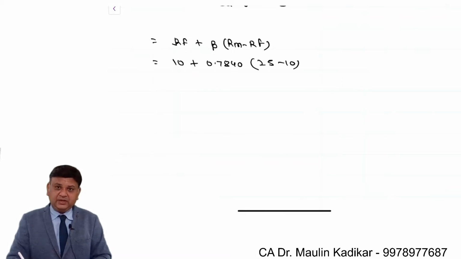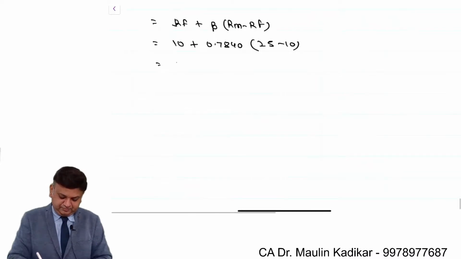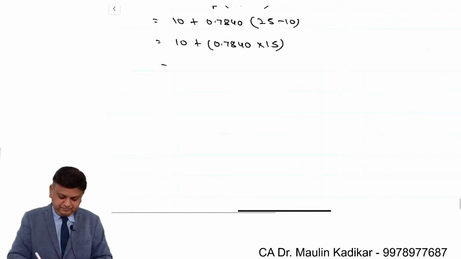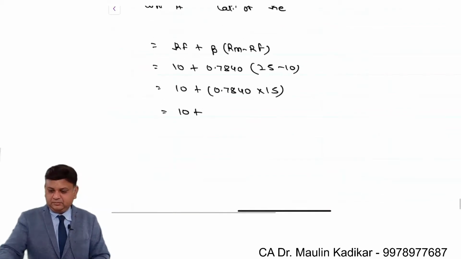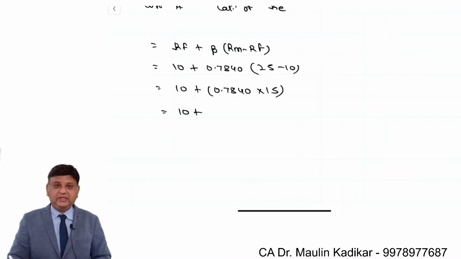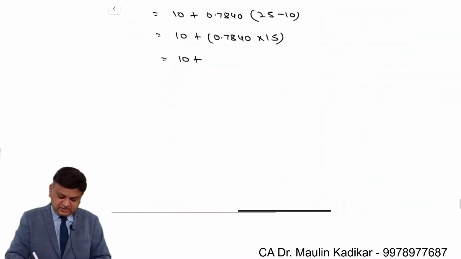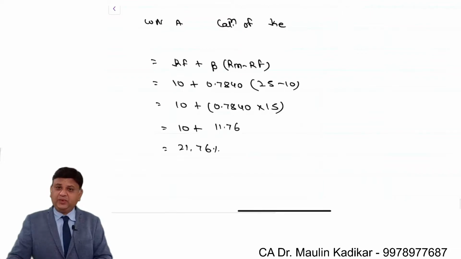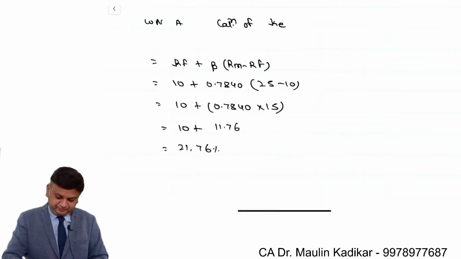So 10 plus 0.7840 into 15. 0.784 into 15 comes to 11.76. That is the way the cost of equity is 21.76.